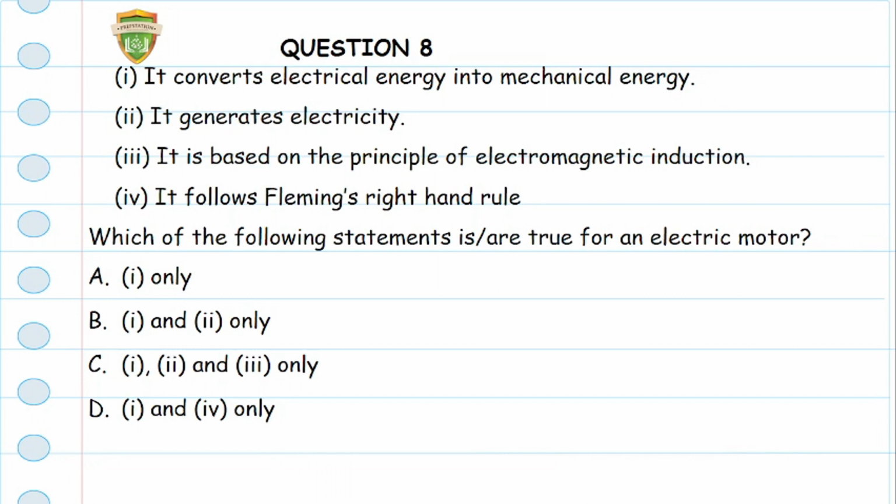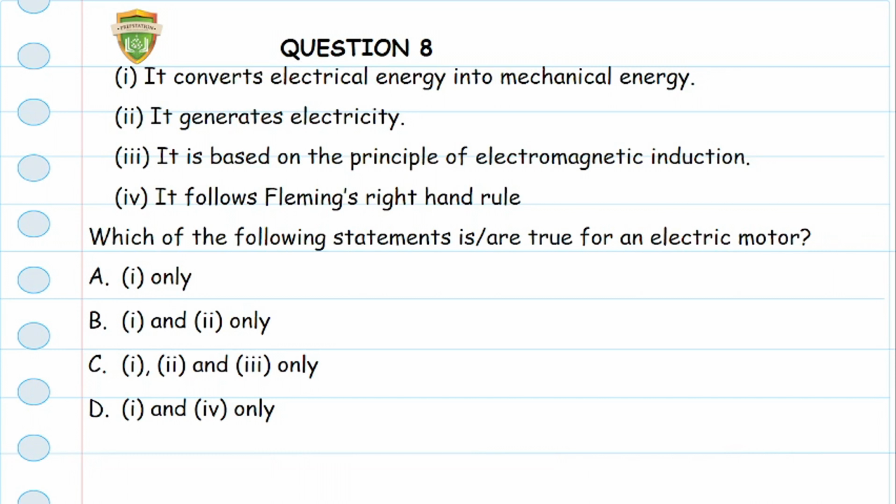Now, one thing we know about an electric motor is that it uses electricity to do mechanical work, right? So the electricity is already the starting energy point, and then it uses that electrical energy to do mechanical work.